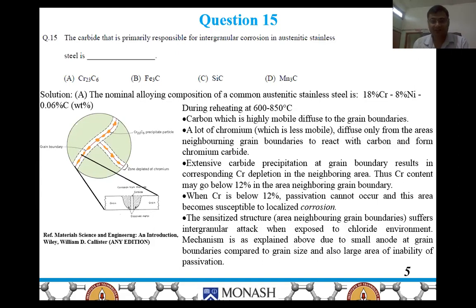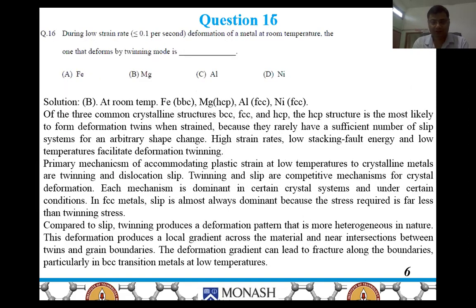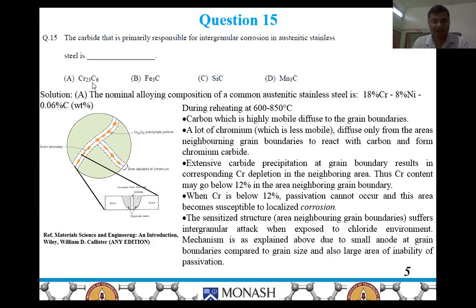The sensitized structure, which is the area neighboring grain boundaries, suffers intergranular attack when exposed to a chloride environment, and the mechanism is as explained in this figure, due to the small anode at grain boundaries compared to grain size and the large area of inability of passivation. So the correct answer is Cr23C6, option A.